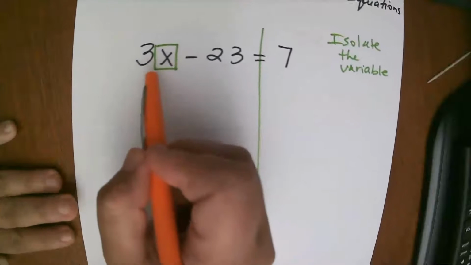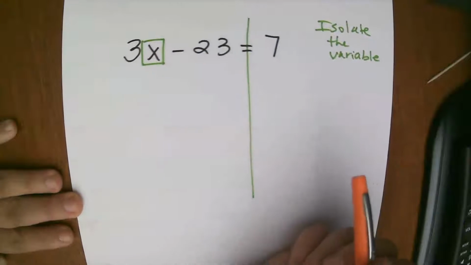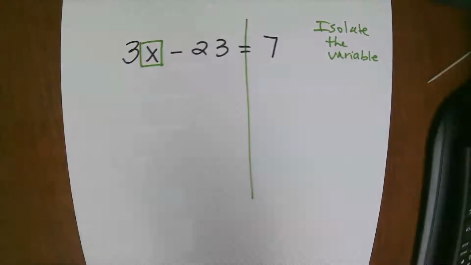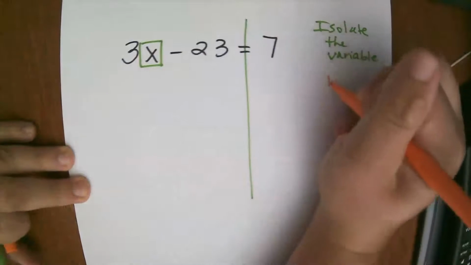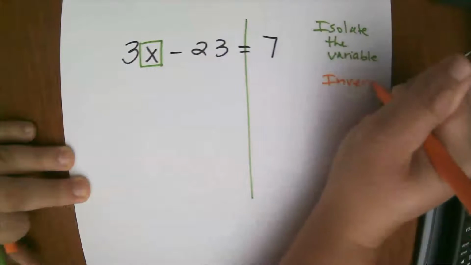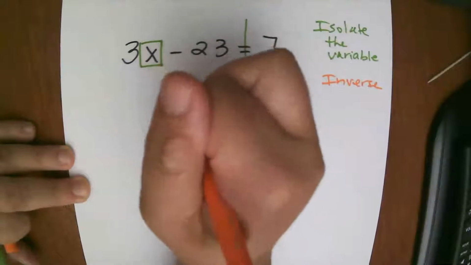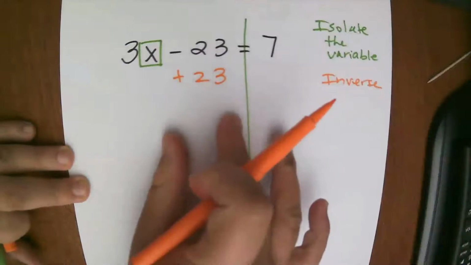So who do you think is willing to go first? The 3, who's super stuck to x, or the -23? Well, hopefully you said -23. So -23 is going to be the first to go. And how we get rid of -23 is we take the inverse, or the opposite operation. So the opposite operation of -23 is +23.